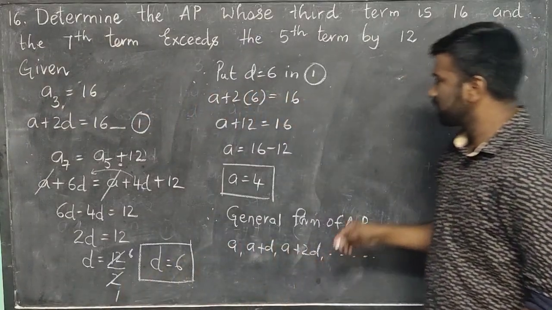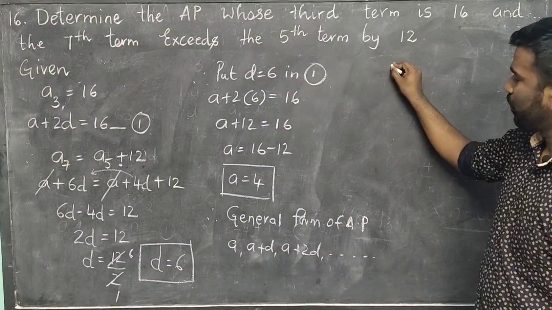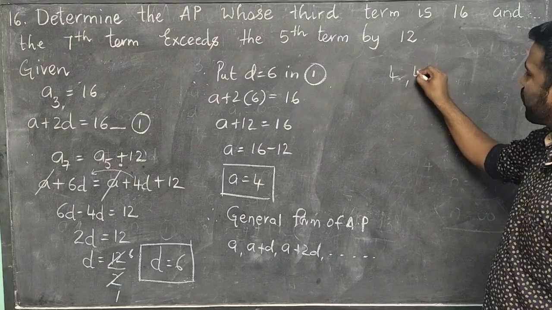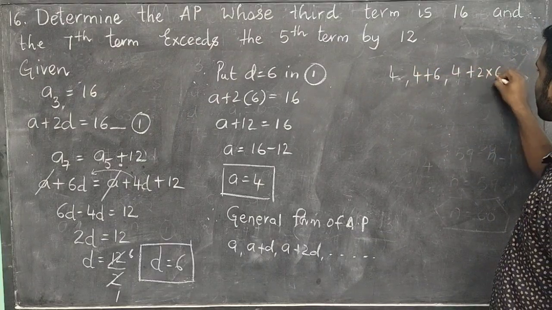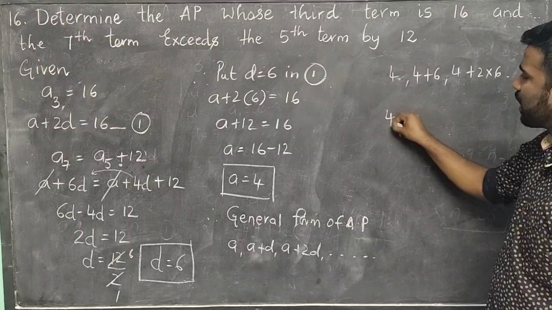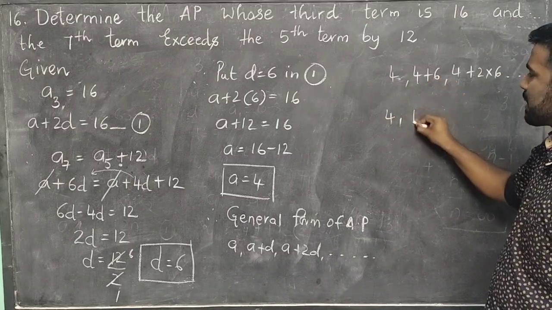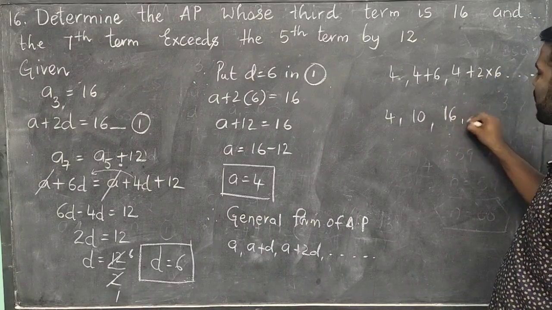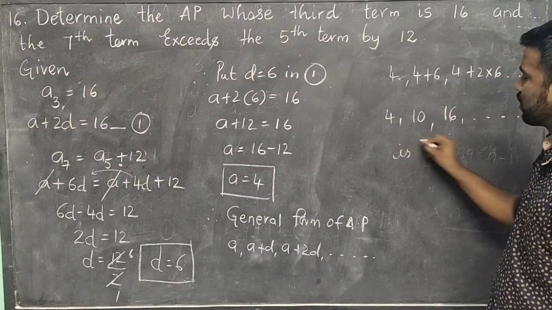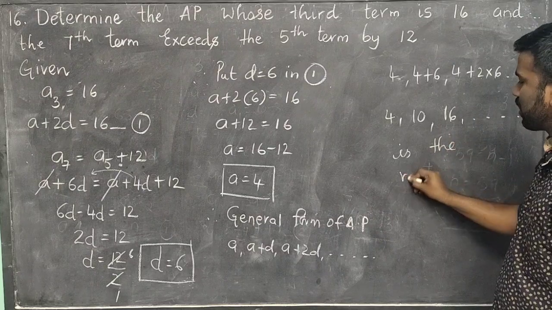We get 4, 4 plus 6, 4 plus 2 into 6, and the list goes on. The AP is 4, 4 plus 6 is 10, then 2 sixes are 12, 12 plus 4 is 16. That is the required AP.